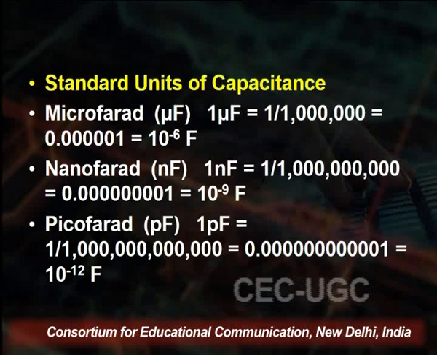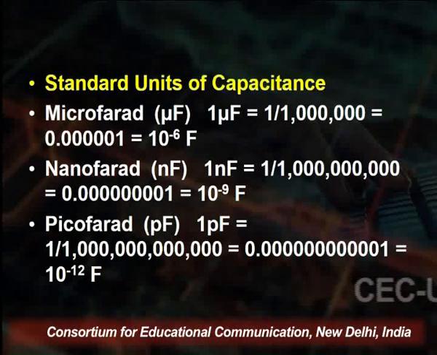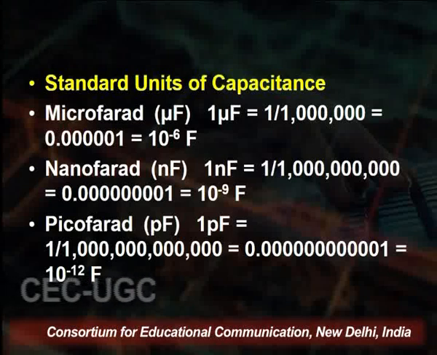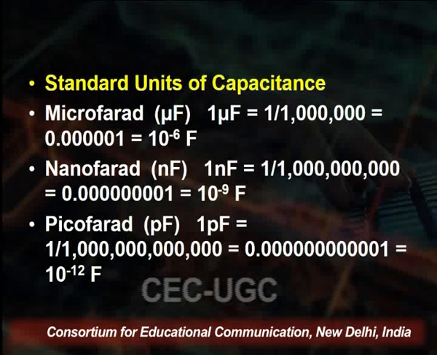So sub-multiples of the farad are generally used, such as the microfarad, which is 10 to the power minus 6 farad, the nanofarad, 10 to the power minus 9, and the picofarad, and so on. You see on the screen the standard units of capacitance. The microfarad is represented by μF, and 1 μF is equal to 10 to the power minus 6 farad.